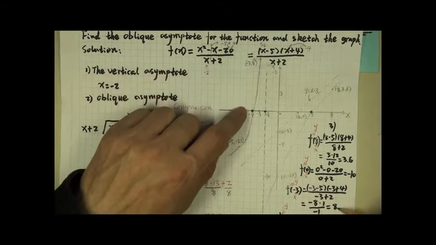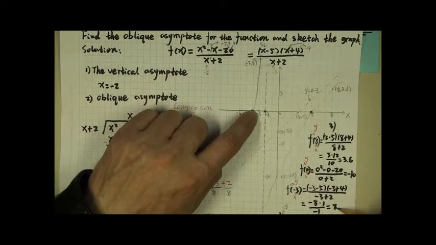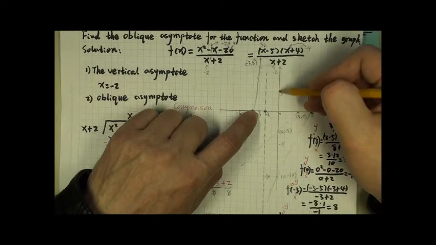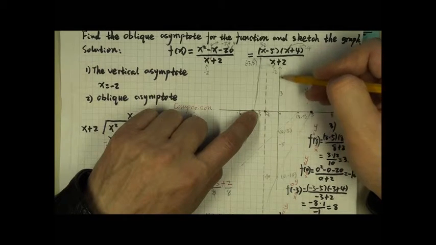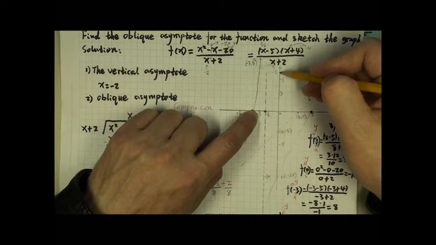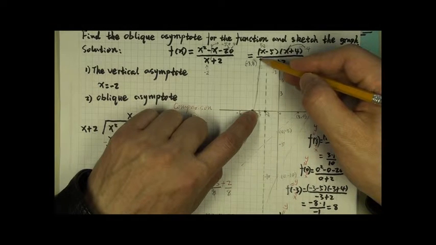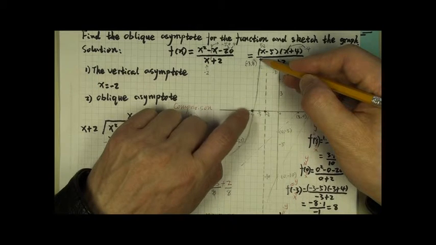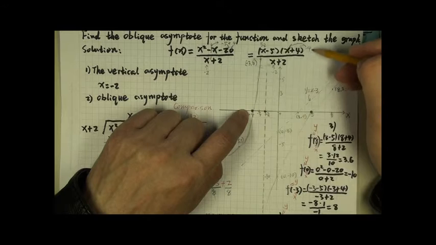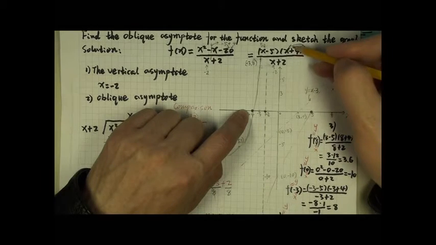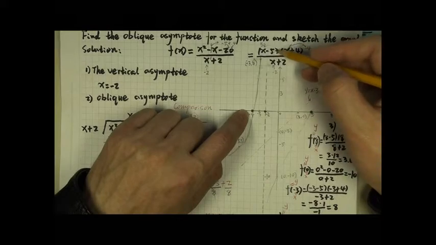Now, negative 3, positive 8. Where is that? Very high. Here is 3, and here would be 5, 6, 7, 8. So very high here, negative 3, 8. Then you know negative 4 was a 0 point. You plug in negative 4 and get 0 for the whole numerator.